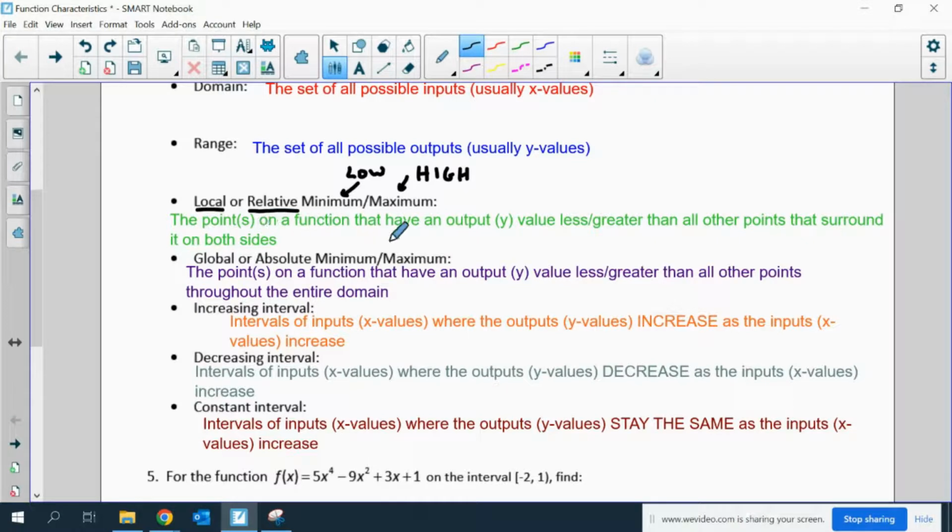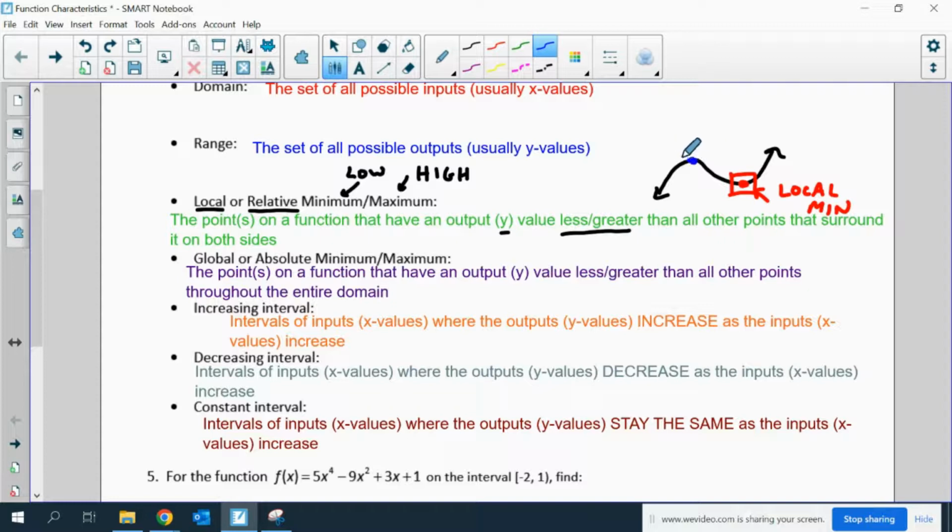So these are the points on a function that have an output value, so that's a y value, that is less than all other points that surround it. So if I draw a graph, this would represent a local minimum because all points in a local surrounding area around it are above that point.